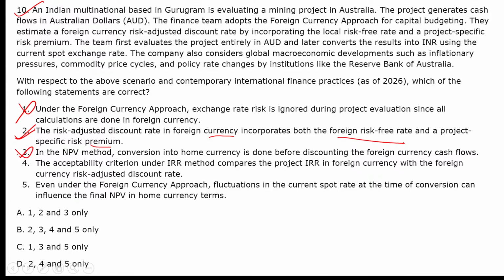The acceptability criteria under IRR method compares the project IRR in foreign currency with the foreign currency risk adjusted discount rate. Correct. Even under the foreign currency approach, fluctuation in current spot rate at the time of conversion can influence the final NPV in home currency. Correct. So 2 and 3 are incorrect.